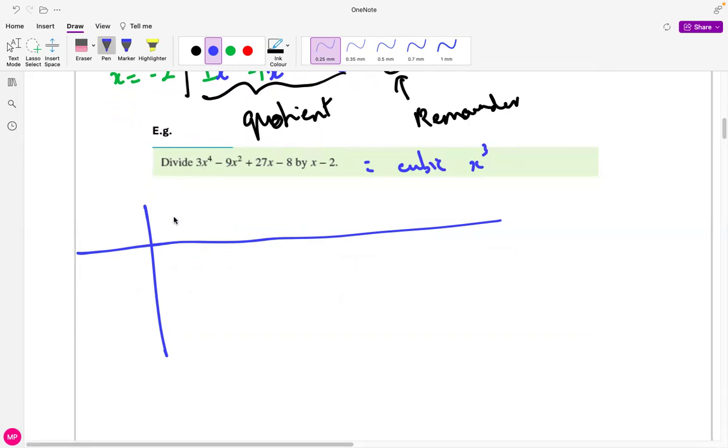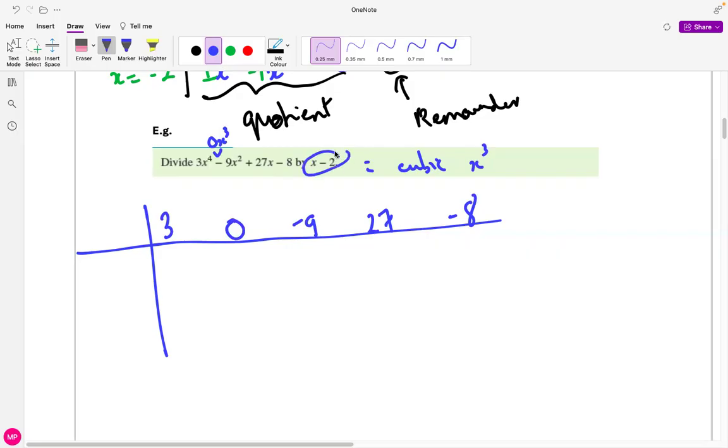Now 3, so you write down the 3, the coefficient. You can see they're missing the x cubed term, so you're going to add 0x cubed in. The 3, 0, and then the next term is negative 9, then 27, then negative 8. Okay, so if you miss a term, just add 0 in it.